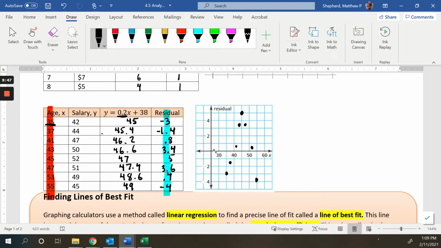Once again, I feel like I am seeing a pattern emerging from those dots. And I gotta say, I don't think this is going to be a good fit either. What we're looking for in residuals is a bit more of a scattered look to the dots.